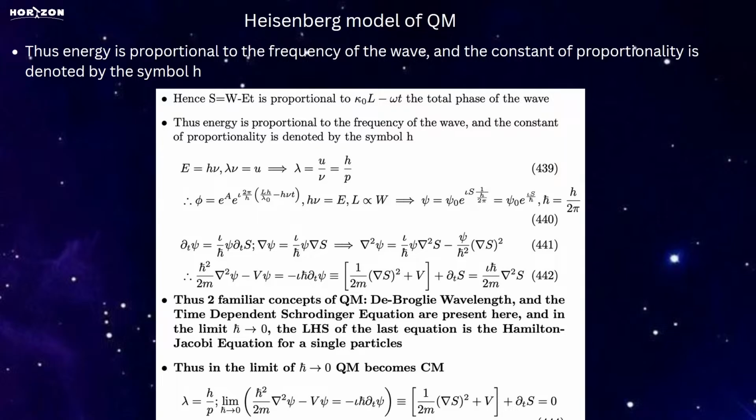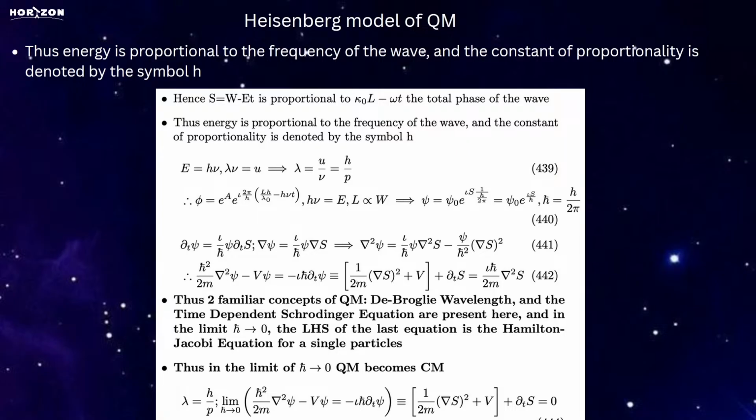Let us evaluate these constants of proportionality, and using some concepts of wave mechanics, let us see what happens. If you see this result, it turns out that this is the time-dependent Schrodinger equation, which we have shown to be equivalent to the Hamilton-Jacobi equation in the limit that h bar tends to 0.